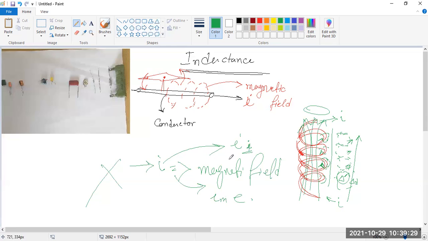So this is one type of loss, or I can say it is not required. Which is not required to me is considered as loss. Actually this is loss, but somewhere it is applicable, so it is not considered as loss. This property is called inductance, meaning it will induce some magnetic field.